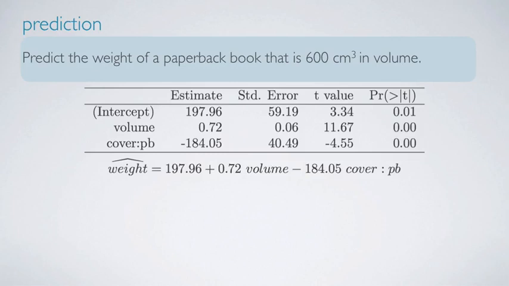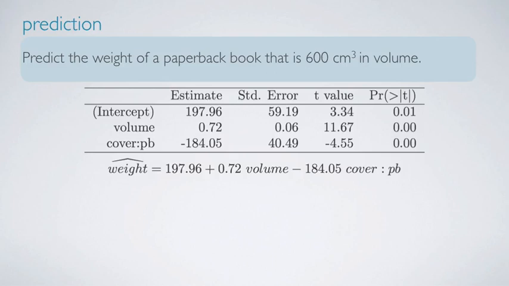Remember, we can use regression models to make predictions. So using this linear regression model, let's try to predict the weight of a paperback book that is 600 centimeter cube in volume. To do the prediction, all we have to do is to plug in the appropriate values for the volume and cover.